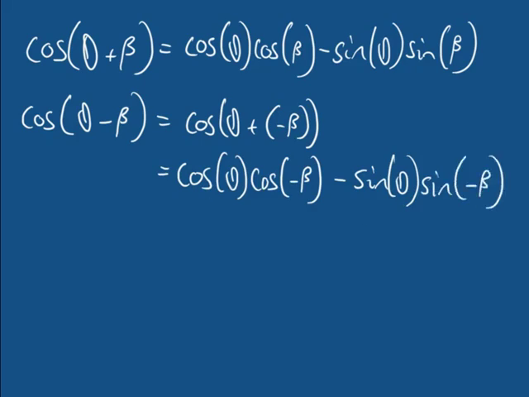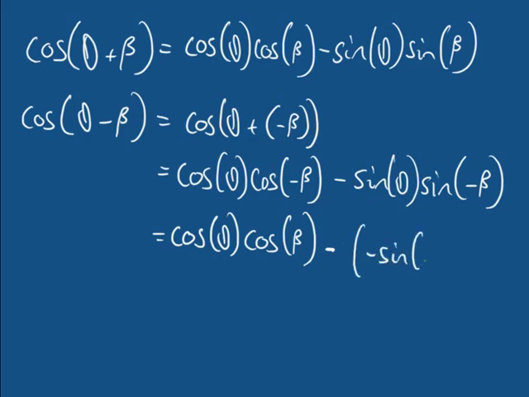Now we've already seen that the cosine of a negative angle is simply the cosine of the positive angle. This is equal to the cosine of theta times the cosine of beta minus, well, the sine of a negative angle is equal to the minus sine of the positive angle. So all of this is going to get multiplied by a negative 1. So it's the same as minus sine of theta sine of positive beta, because this became minus sine of beta, and that minus can simply sit at the front of the entire multiplication.